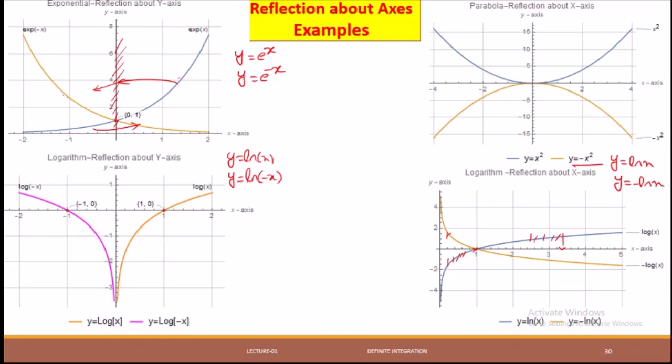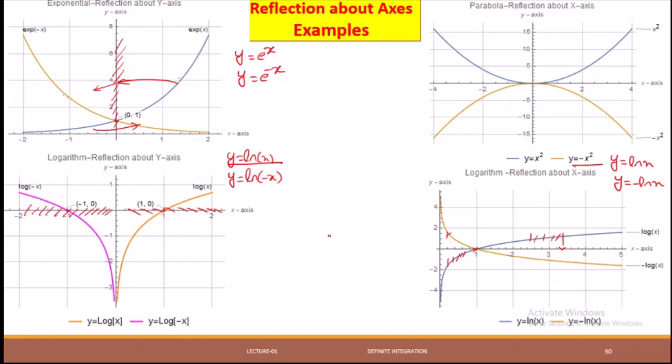The graph of y is equal to log x is represented with the orange color curve, and that of y is equal to log of minus x is represented by the magenta color curve. Log of minus x is defined only for negative x values, whereas y is equal to log x is defined only for positive x values. I hope you have understood these two examples.